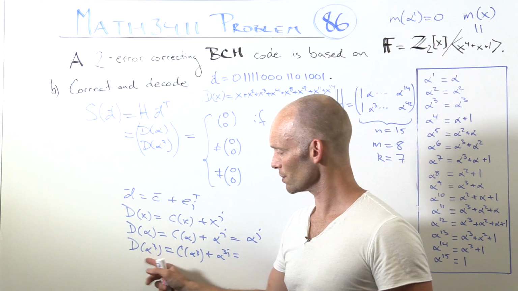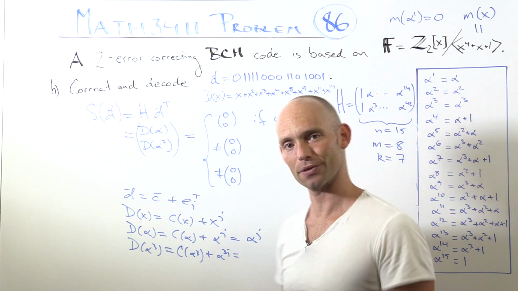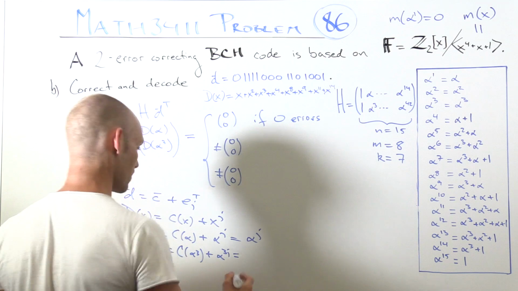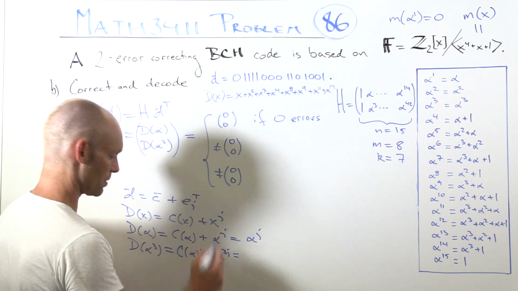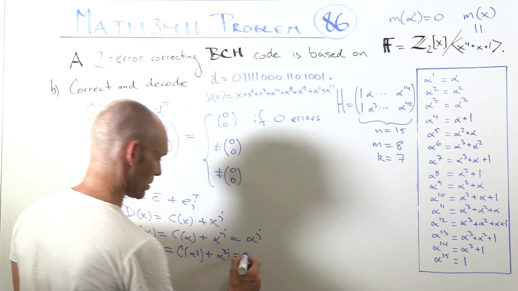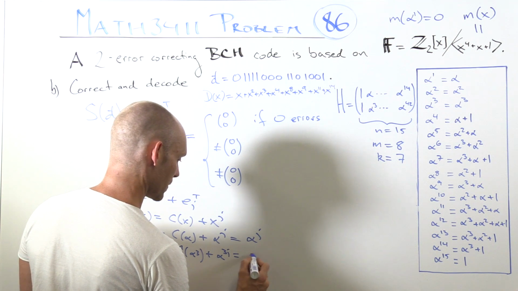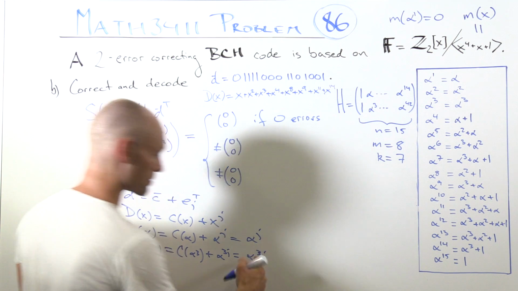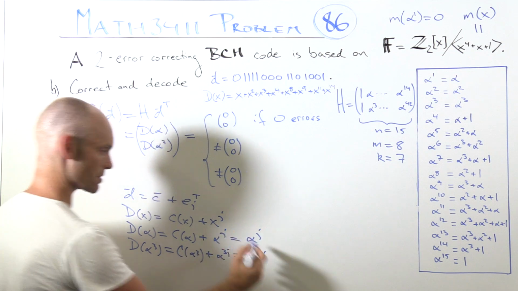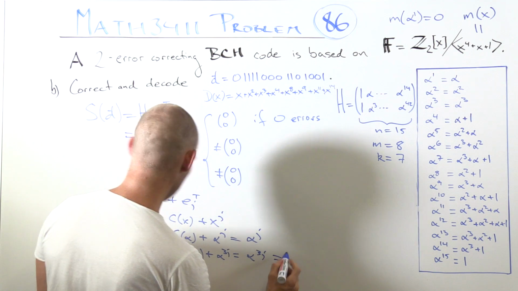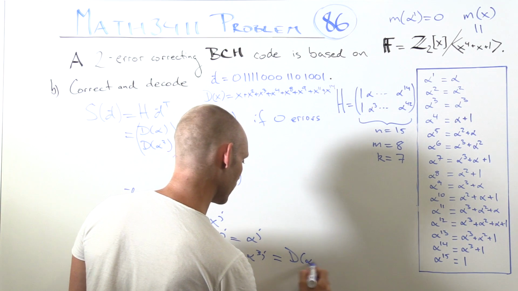So alpha cubed is going to be a root of that modulus polynomial. So we get that c of alpha cubed is 0, and we end up with alpha to the power of 3 times j, which is just this to the power of 3, or in other words, d of alpha to the power of 3.